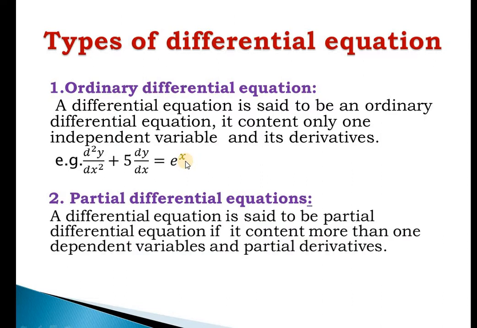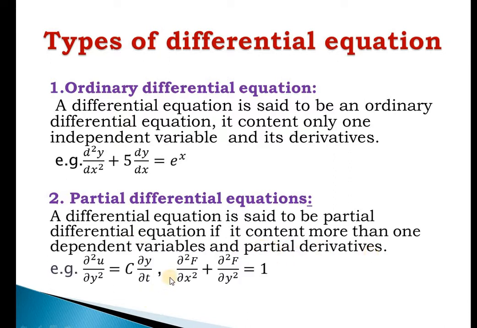The second type is partial differential equation. This equation involves more than one independent variable, and therefore partial derivatives. For example, ∂²f/∂x² plus ∂²f/∂y² is equal to 1.